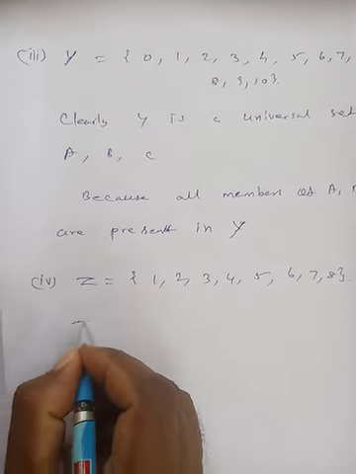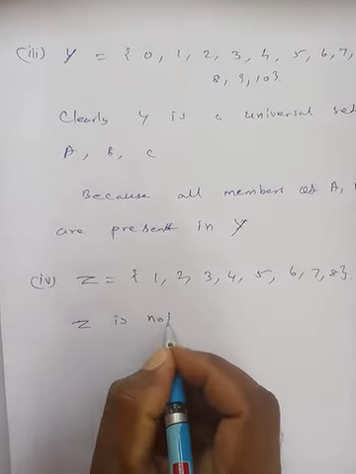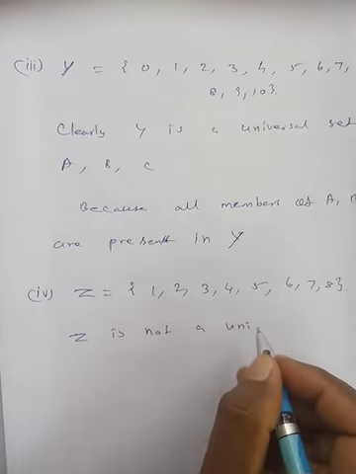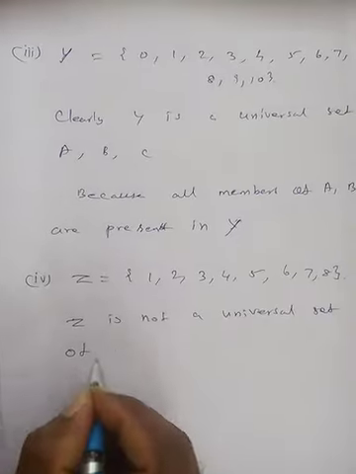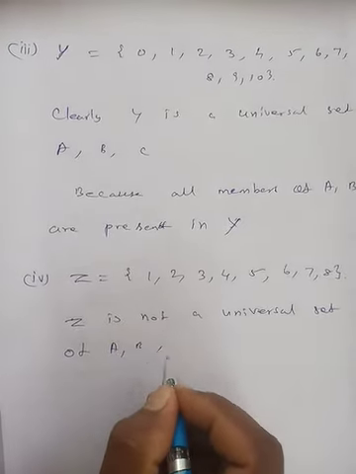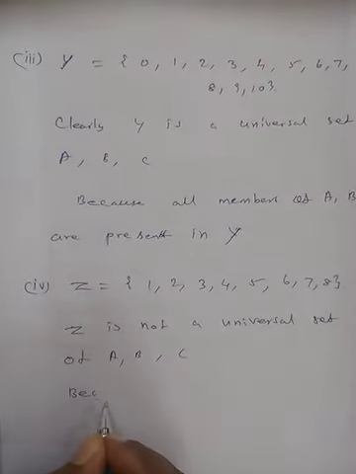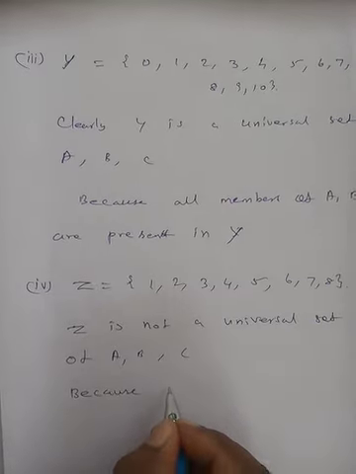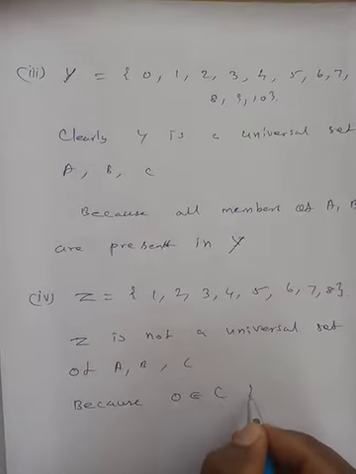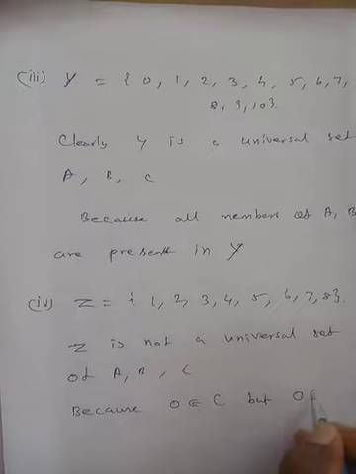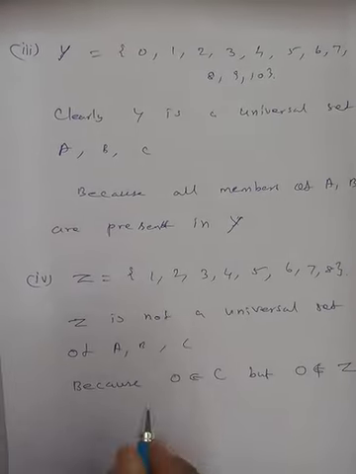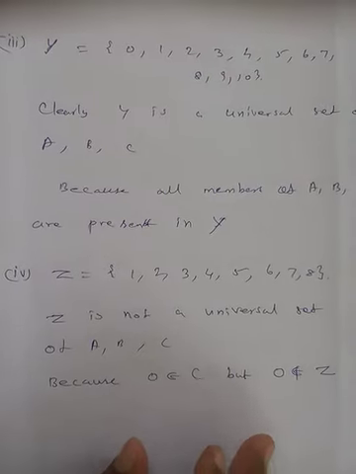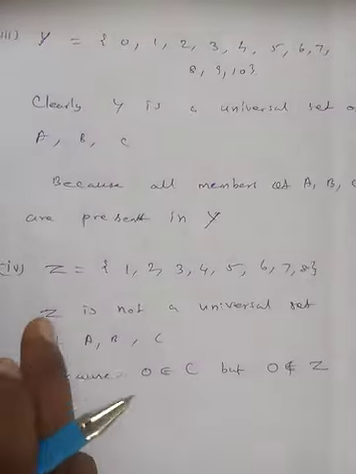This Z is not a universal set of A, B, C, because the element 0 belongs to C, but 0 does not belong to the set Z. Therefore, it is not a universal set of the sets A, B and C.